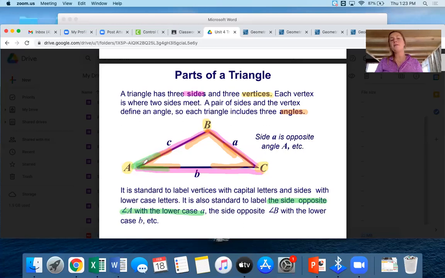And if you go directly across from it, you'll notice the side across from it is labeled with a lowercase a. We can further that example and look at it one more time here with blue. So we have this angle right here, which is C, and the side across from it is a little baby c. All right? Questions on that?